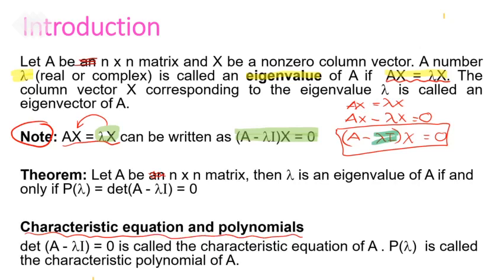Determinant A minus lambda I equals 0 we call the characteristic equation of A. And next, P lambda is called the characteristic polynomial of A.